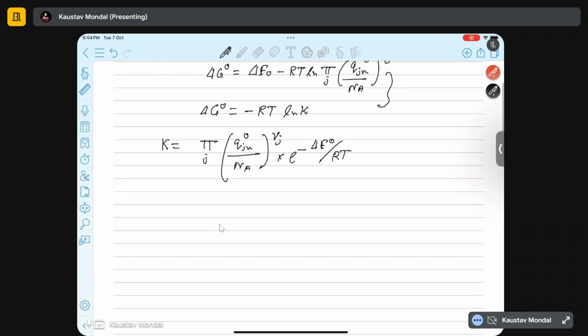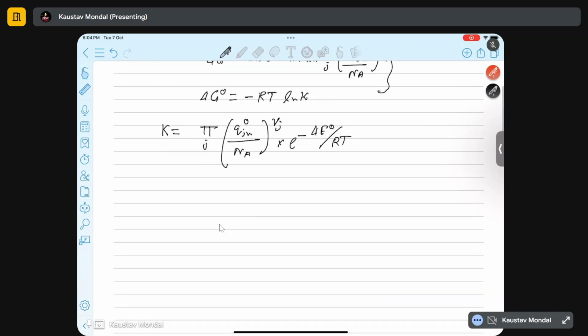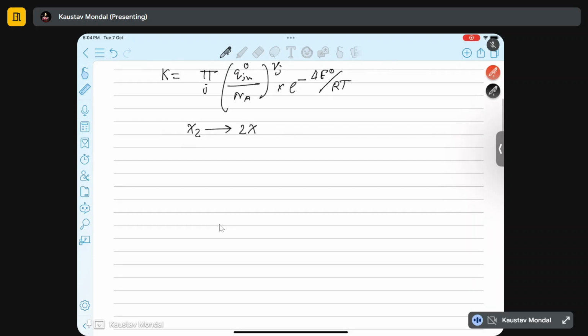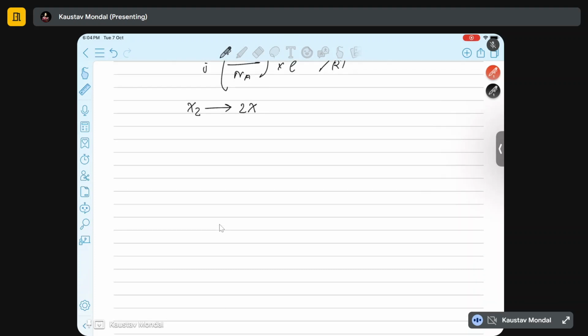Now next, if we are given a reaction like this, X2 dissociated into 2X atoms, so X2 is a molecule that is divided into 2 X atoms, in this kind of reaction we have calculated the equilibrium constant.